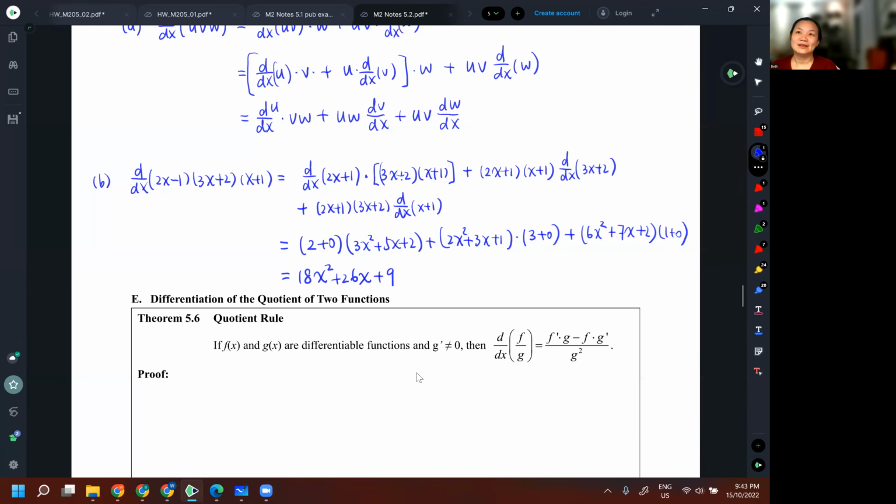Okay. So in the end, we have a little extension of that. 2x minus 1. Oh, please. Sorry, I made a mistake. It's 2x minus 1. Then it's all wrong.